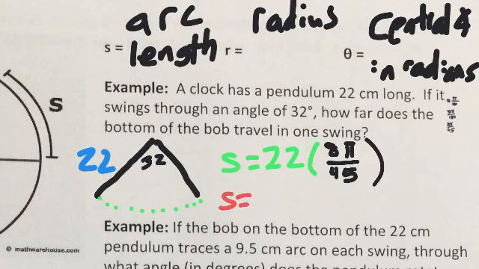It'll probably give me an exact answer in terms of pi on our calculator. We don't really care about the exact answer right now, so let's round that to 2 decimal places. You can click the S to D button, and you should get 12.29 centimeters. So the bob travels 12.29 centimeters as it goes back and forth.